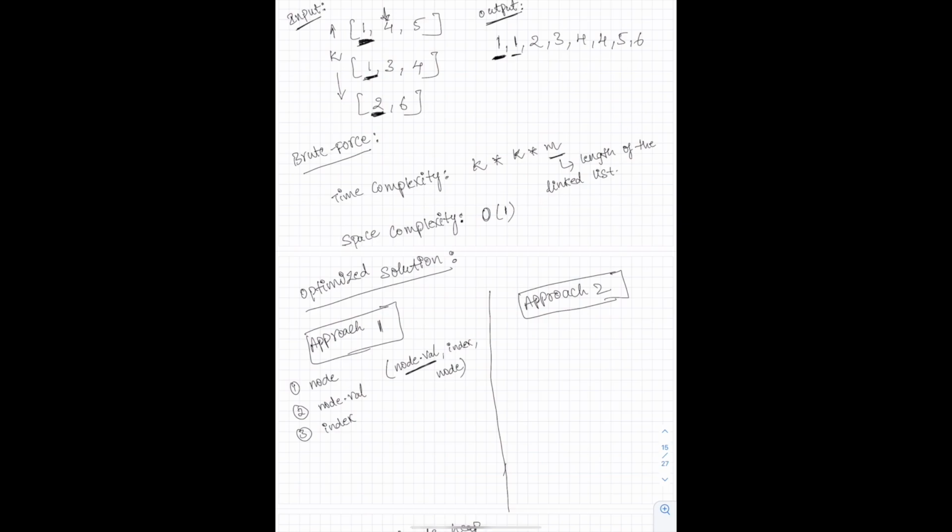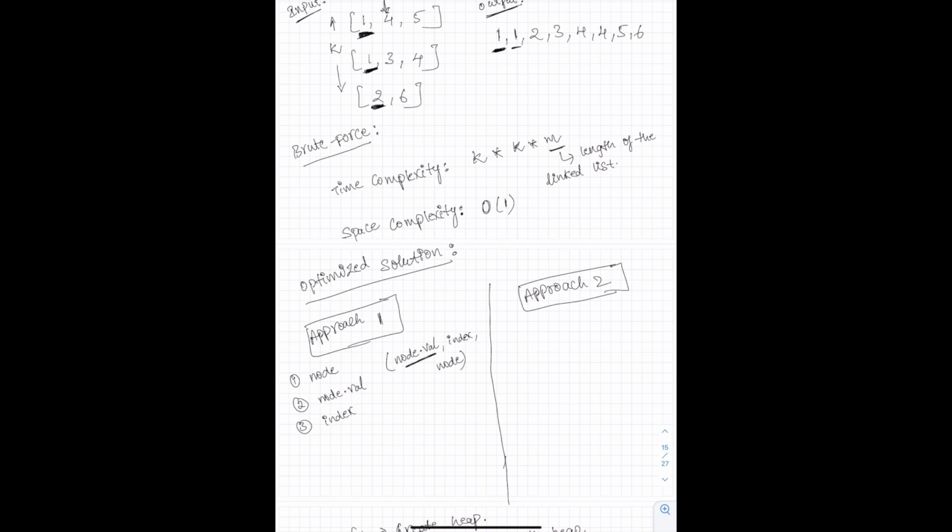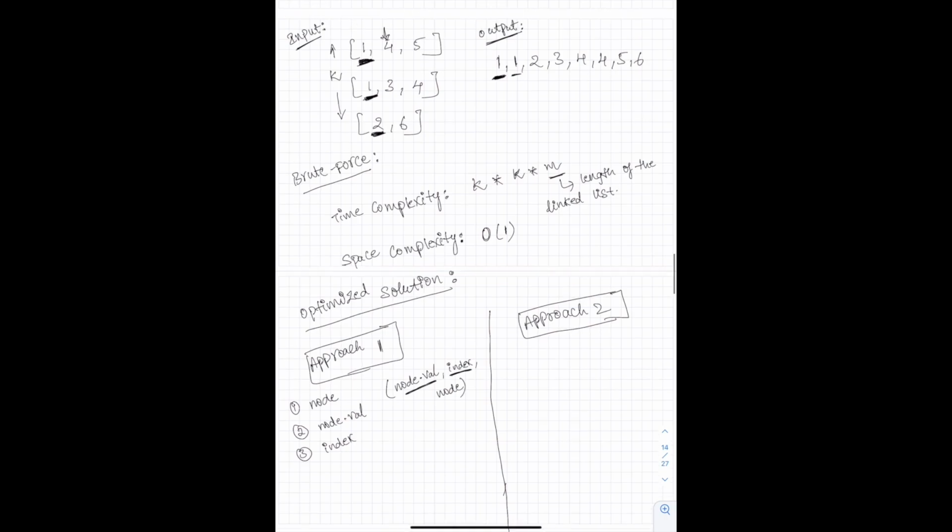One is duplicated, so there are two ones. Which linked list needs to be taken first? Which needs to be popped first is the question. To break the tie, we are going to take the index position. Since the index of this first one is 0, this is 1, and this is 2, this is the node that is going to be popped first, and we store that value here.